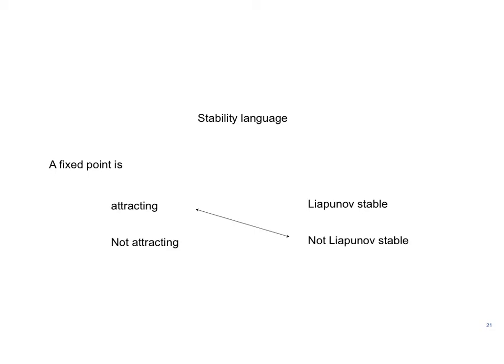Attractors do not fulfill this. Saddles do not fulfill this because saddles, they are not attracting. What else do we have? We have half stable points. So again, we have this example, and imagine we have a half stable point like this.